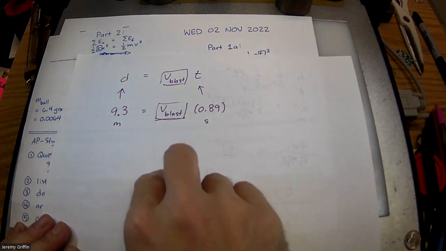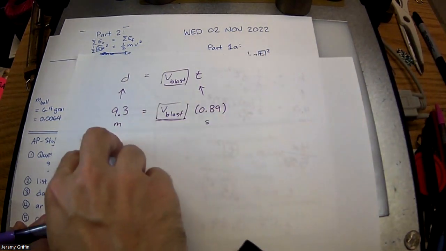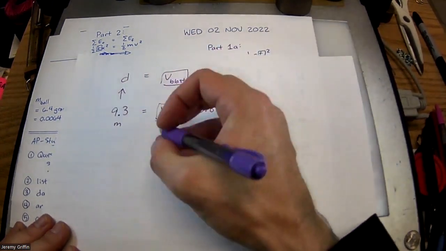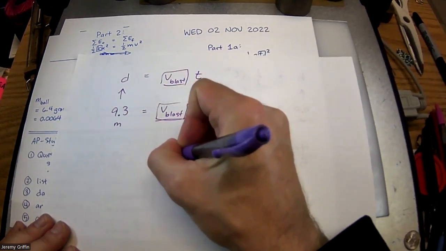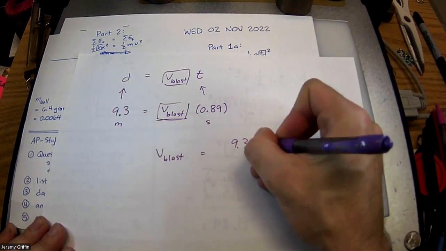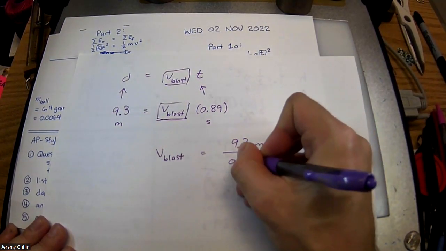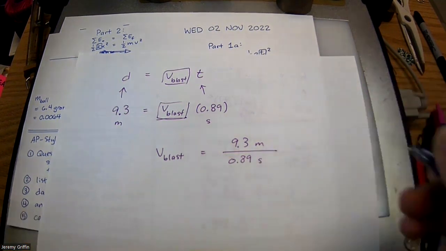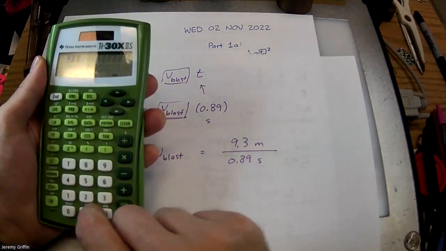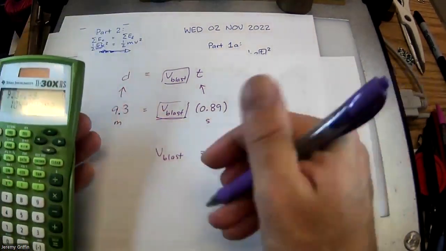If I take the number of seconds and divide it over, wouldn't that be so many meters divided by so many seconds, which would describe a speed, a blast speed. The blast speed is whatever 9.3 meters and 0.89 seconds is. Let's see, 9.3 meters and 0.89 seconds.